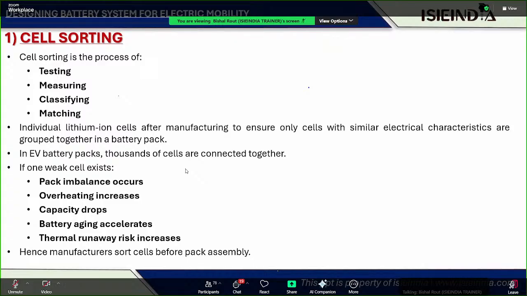Every time someone says we are going to do cell grading and cell sorting, you will find that in cell grading we are also testing the capacity, and in cell sorting some people also say they are testing the capacity. Cell grading and cell sorting are closely related, basically, right?